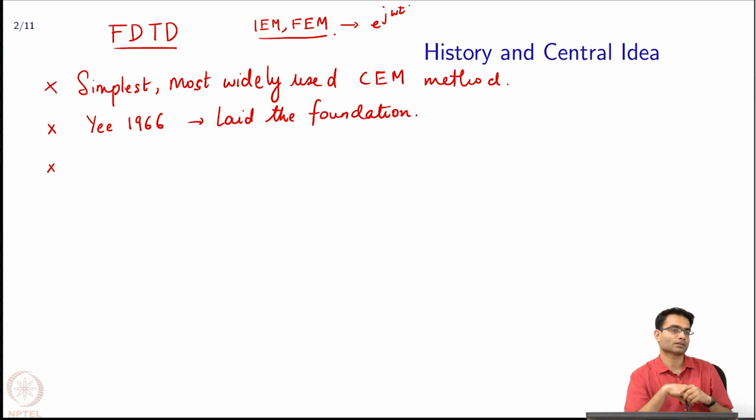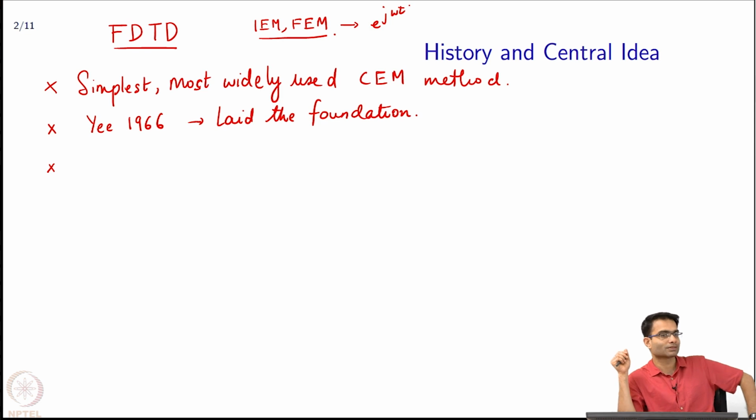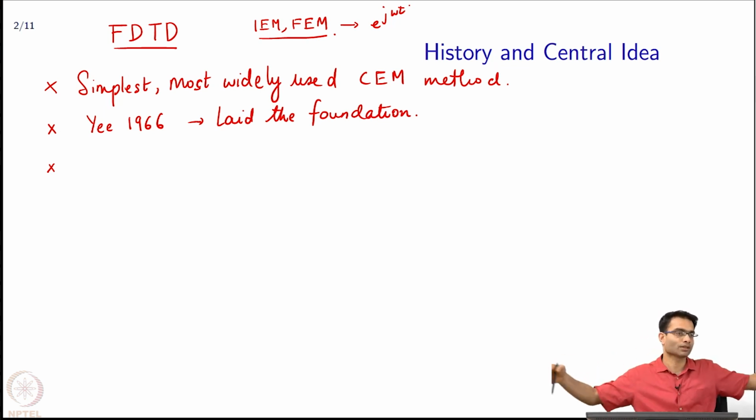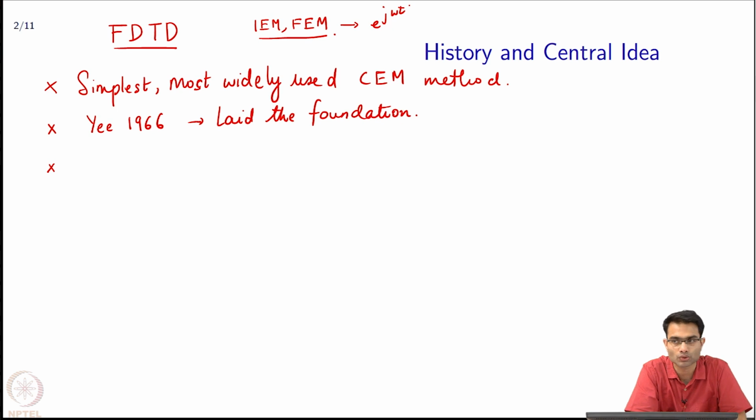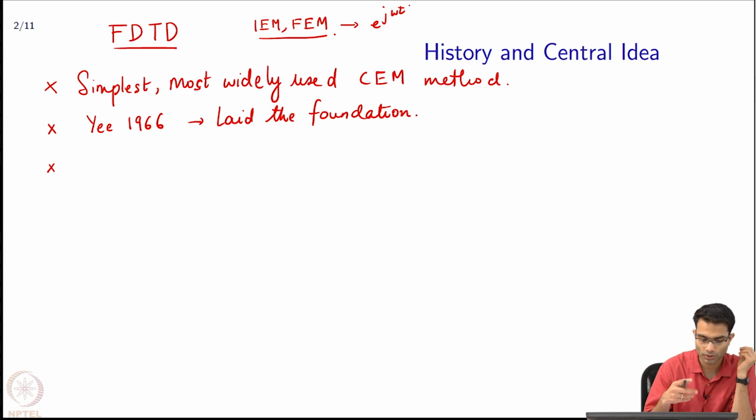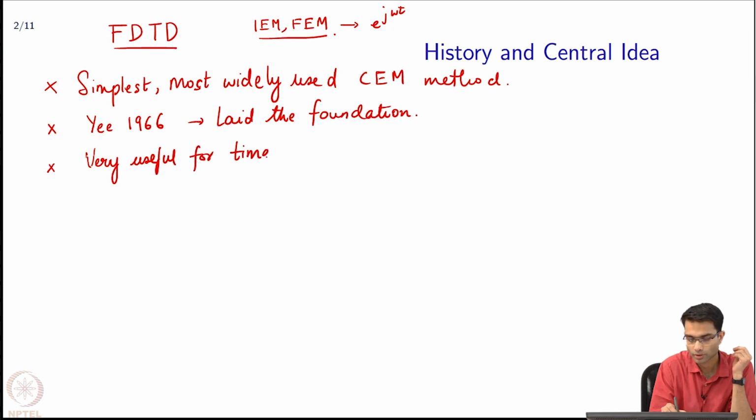Now, if my electromagnetic system actually is very wideband, lots and lots of frequencies are there, then you can see that both IEM and FEM will become very tedious, right, because not just you have to do computational EM, you also have to do then Fourier transforms and all, and over very large data sets. So, that becomes tedious. So, instead this FDTD is directly formulated in the time domain. Okay. So, very useful for time domain formulations.